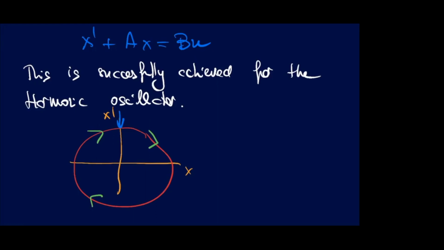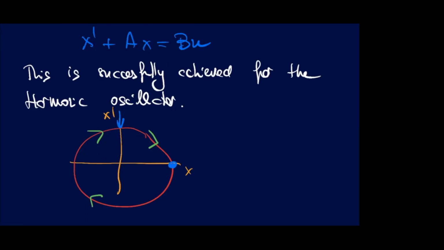Because the system is rotating, eventually the system will be under the successful action of the control all the time. And even the part of the energy that was sitting here, and that at time t equals 0 was not dissipated because the velocity here, x prime, is equal to 0, so the action of the vertical force has no impact.